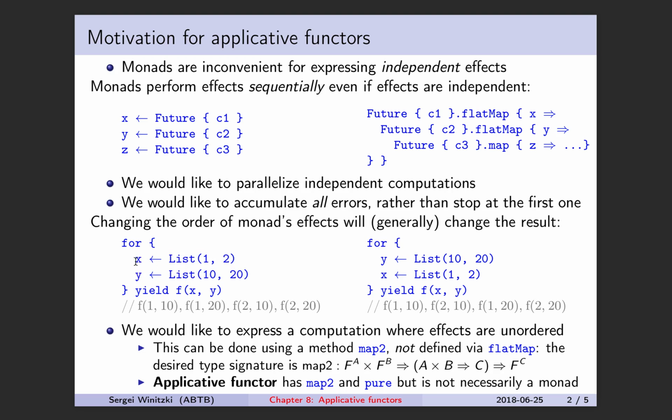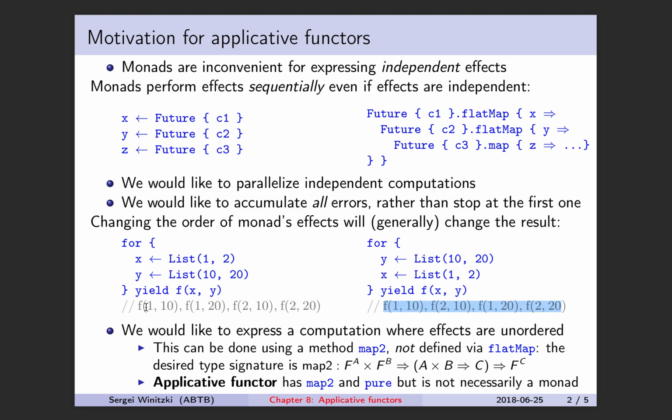The computation will first iterate with x going over this list, and for each x, y will be going through that list. In that order, first x will be iterated over this list, then y over that list. That order is fixed, and you can do nothing to change it. So, for example, if you interchange these two lines, you would get a different list as a result.